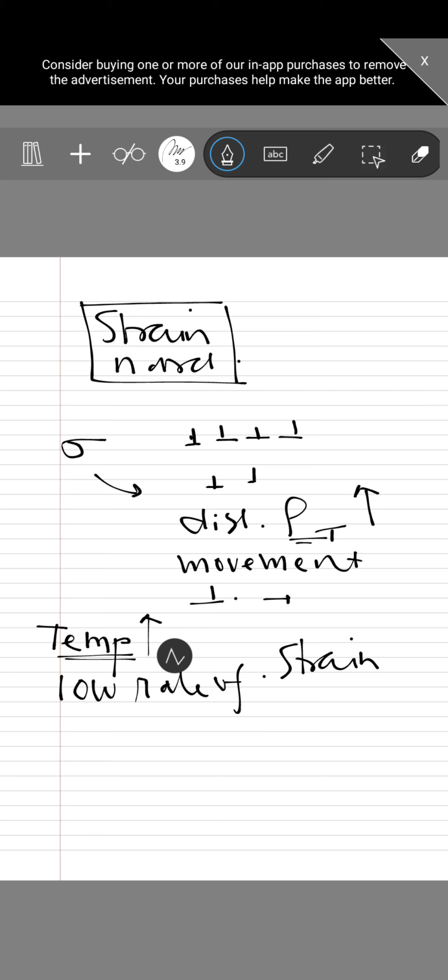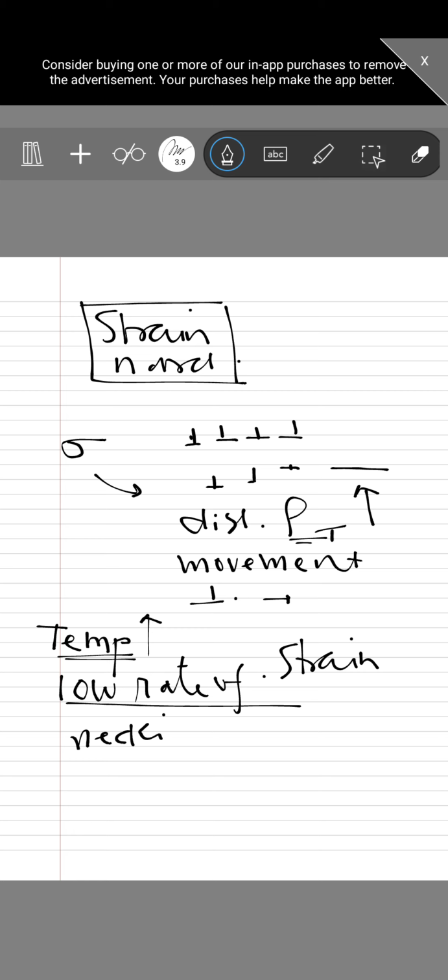So the rate of strain hardening is low, and as the strain hardening is low, plasticity is more, the movement of dislocation becomes easier, so the necking takes place earlier.